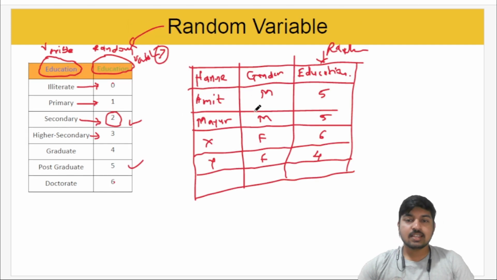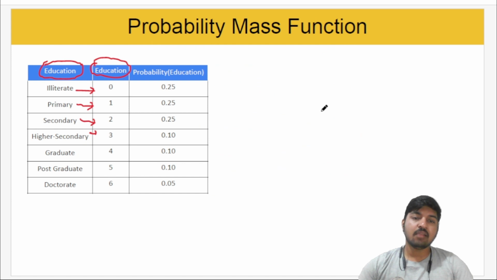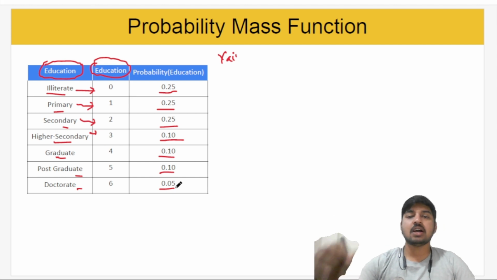Based on this data or some secondary data, I come to know that in the village where I am going to collect the data, 25% are illiterate, 25% have primary education, 20% have secondary education, higher secondary are only 10%, graduate 10%, postgraduate 10%, and doctorate 0.5%. Now I want to ask you whether this is a correct probability mass function or not.